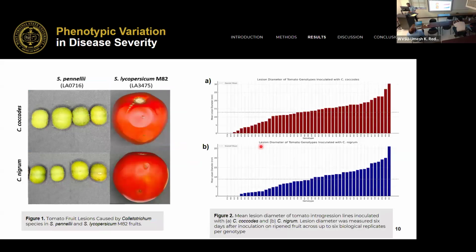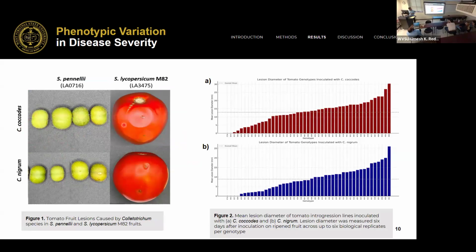So coming to the result section, the figure on the left shows both the parents for the introgression lines, the wild one and the cultivable one. You can clearly see that there is no lesion diameter whatsoever on the wild parent, Solanum pennellii.